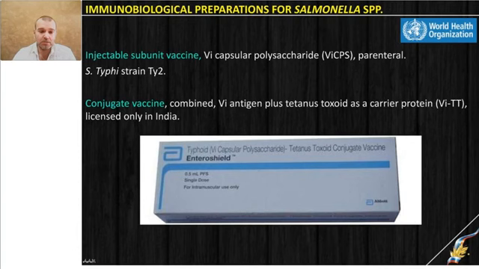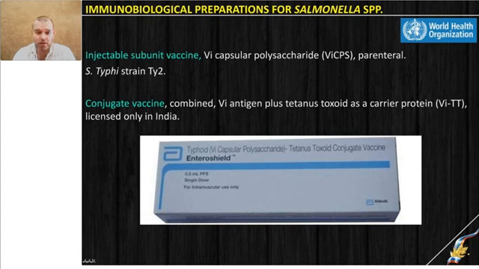WHO states that they have 2 more types of vaccine. It is a subunit vaccine, which again is based on Vi antigen. It is a capsular polysaccharide vaccine known as Vi-CPS. It is parenteral and is based on the same strain, Ty2. And we have conjugate vaccines, which are combined with some other vaccines.